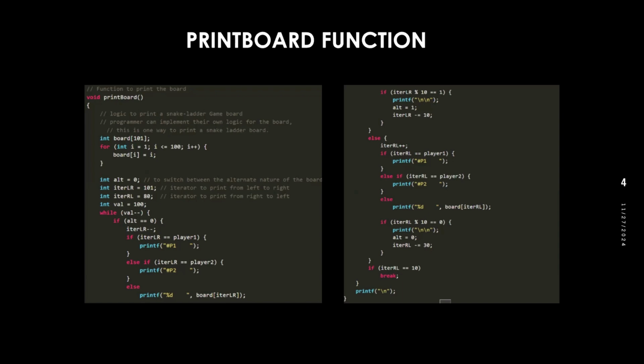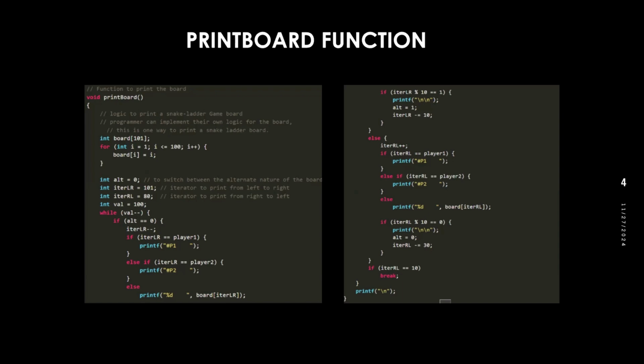Then we go into a while loop that technically prints the right to left and left to right squares, and the loop iterates 100 times. When printing left to right, like mentioned before, the variable alt equals 0, which makes the row be printed left to right, and it decrements the variable iter LR to move backward through the array.